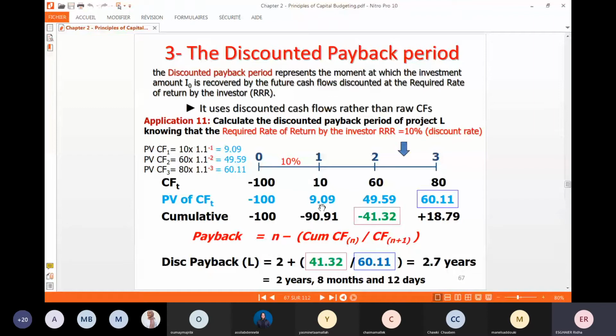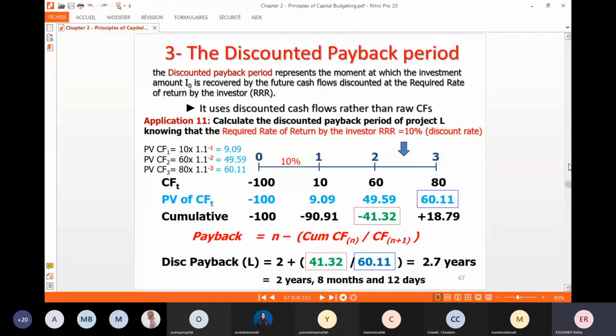You have the cash flows of our project: minus 100, then 10, 60, 80. Suppose you have another project with minus 100, 10, 60, 80, and a fourth cash flow of 100. The discounted payback of these two projects will be the same.